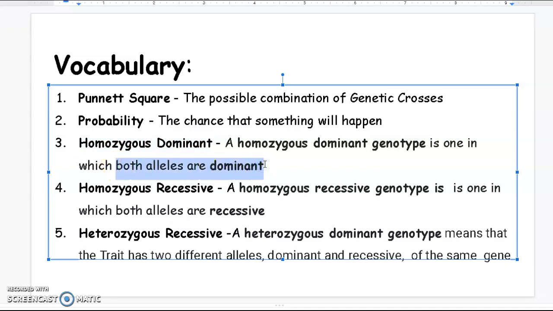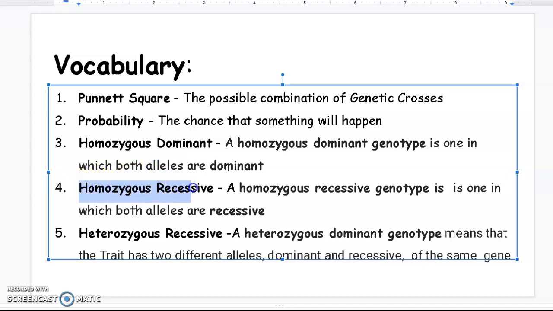Both. So the word homozygous, homo means same. So both alleles are the same. They're both dominant and are represented by two capital letters.